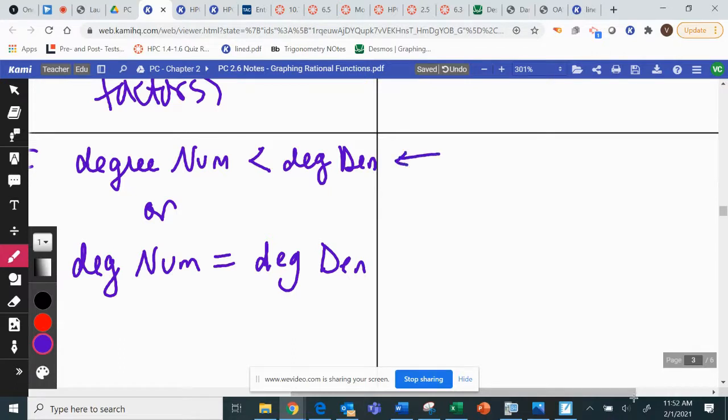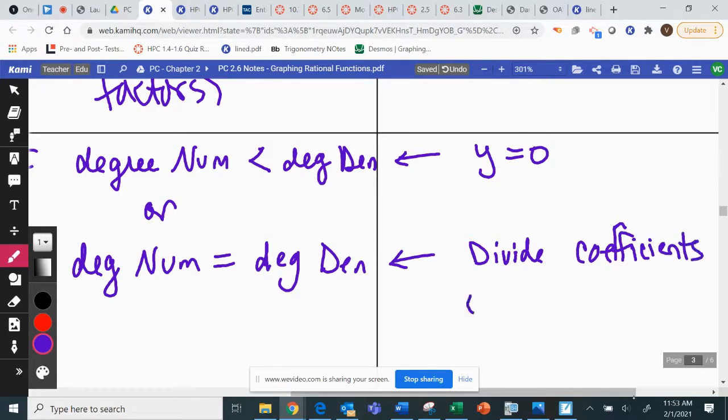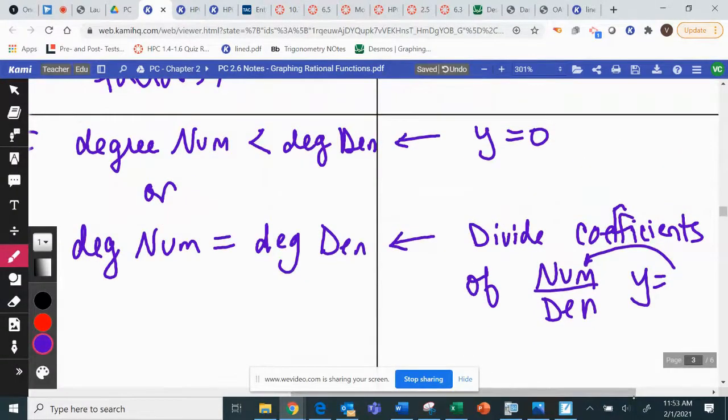For the first option, y equals 0, that's it, I found it. The second option is we divide the coefficients of the numerator over the denominator, and that's what y equals. It's as easy as that.